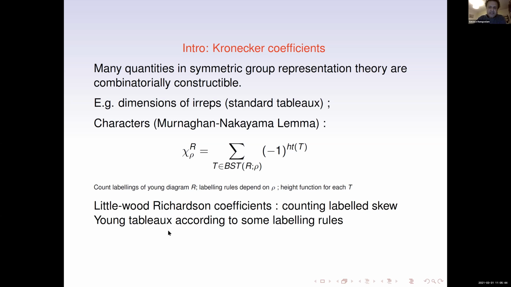There's a function called the height. You define that. So basically, you count labeled Young tableaux defined according to some rules, and you get the character. You have the positive ones, you have the negative ones, you count them, find the difference, that's the character. Similarly for Littlewood-Richardson coefficients.